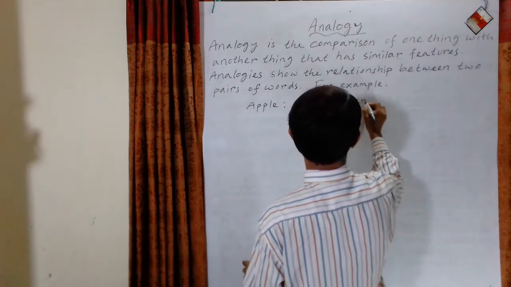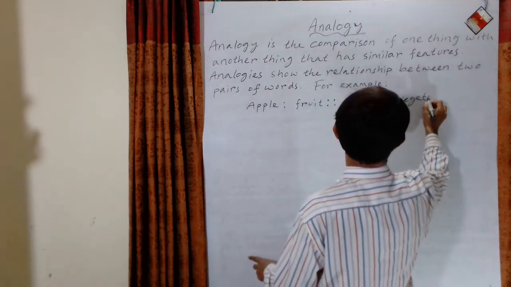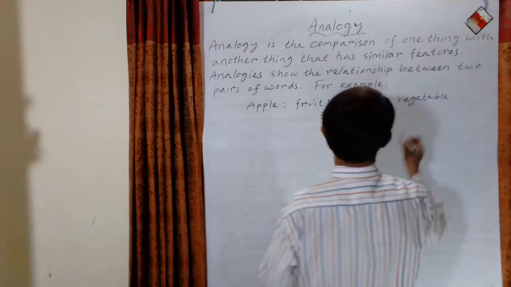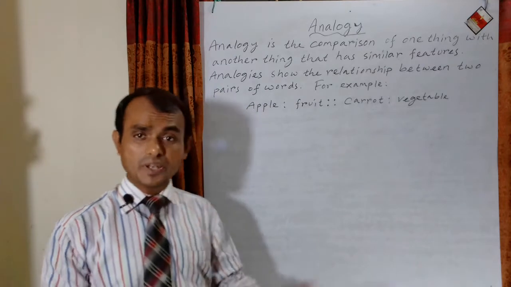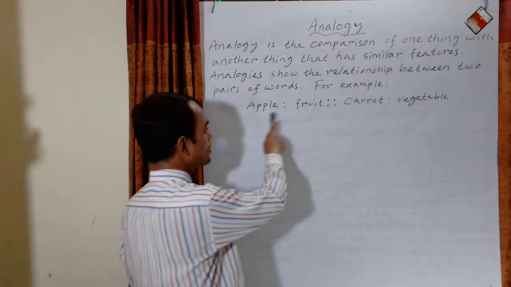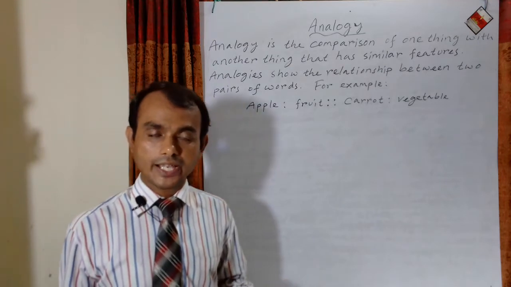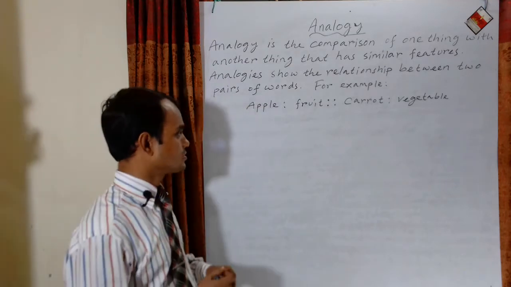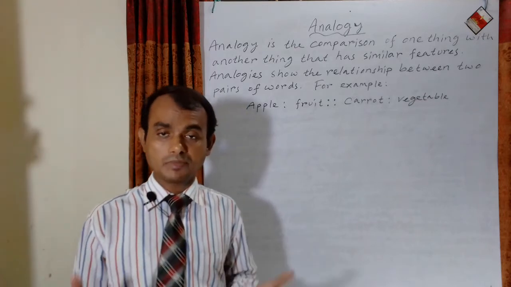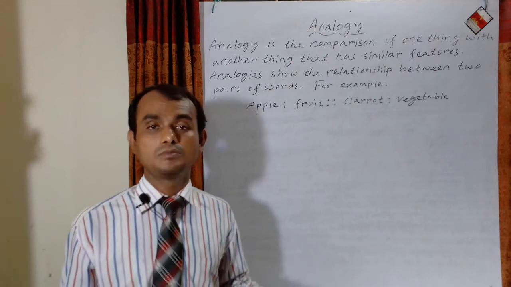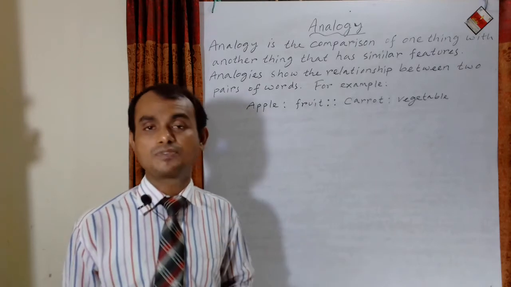Carrot, vegetable. Dear students, I have already shown a completed analogy: apple, fruit, carrot, vegetable. At first you have to determine the relationship between two things. The relationship between two things must be found out at first.